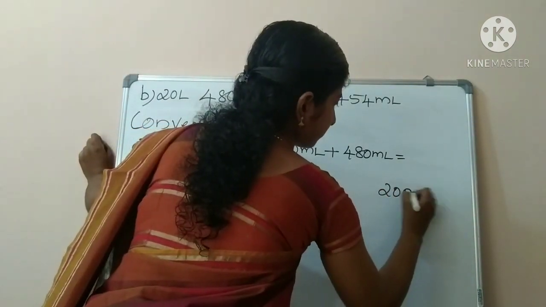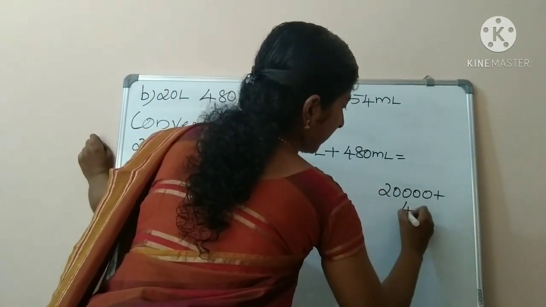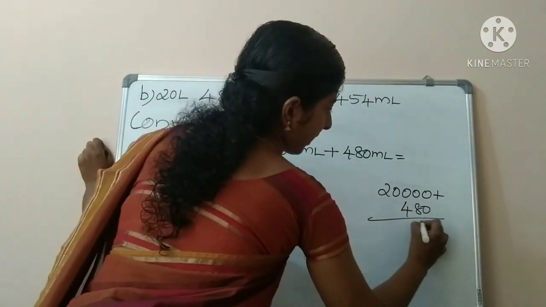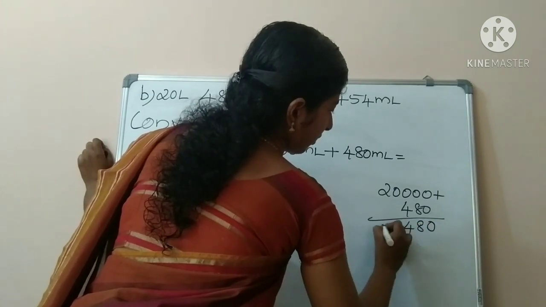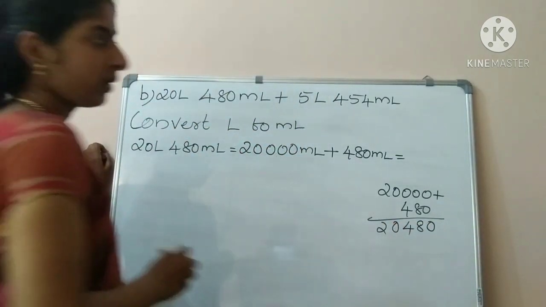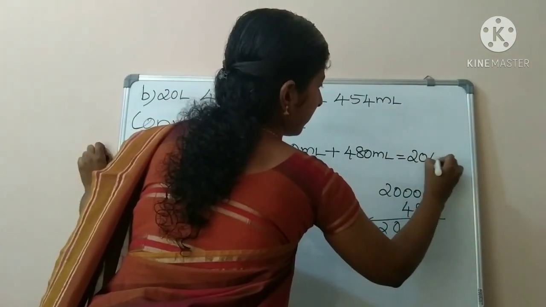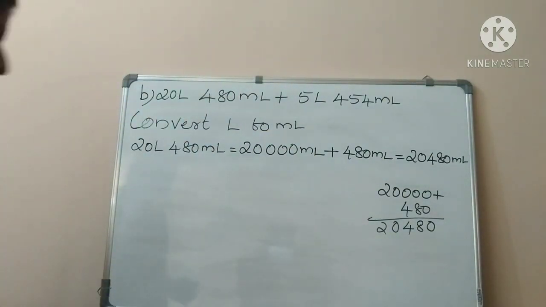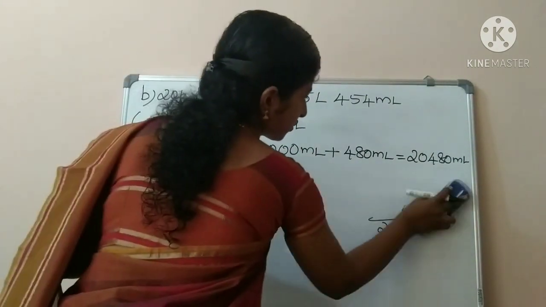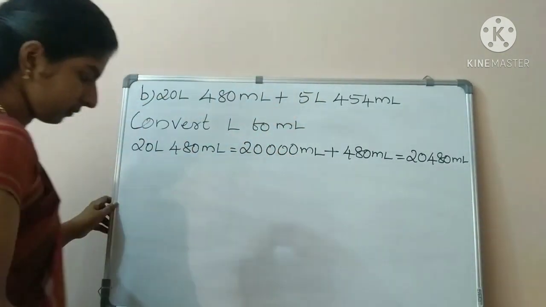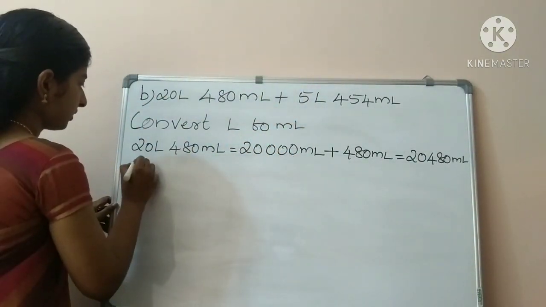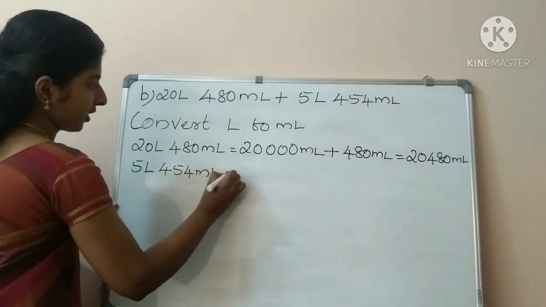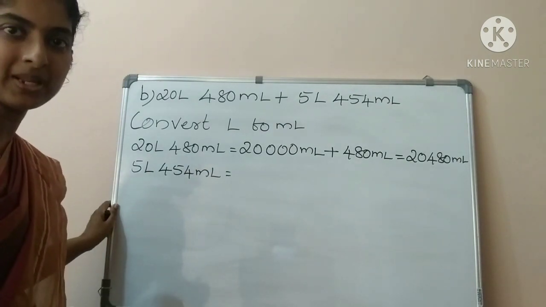Directly write plus 480 milliliter. 20,000 plus 480. What is the answer? 20,480 milliliter. That is the first term answer. Then the second term is 5 liter 454 milliliter, equal to 5 liter, how many milliliter?